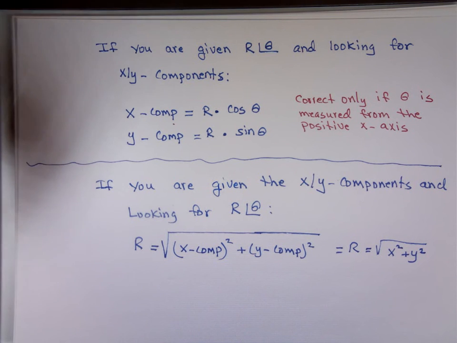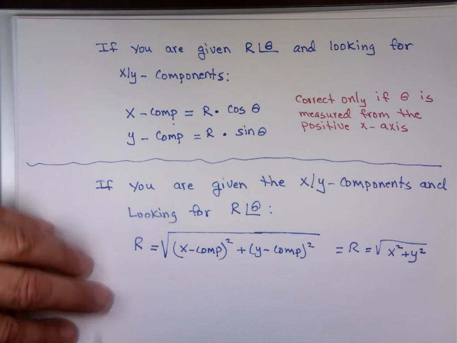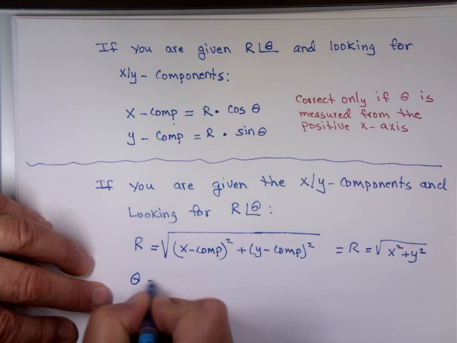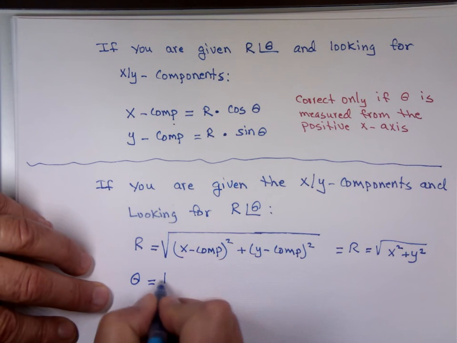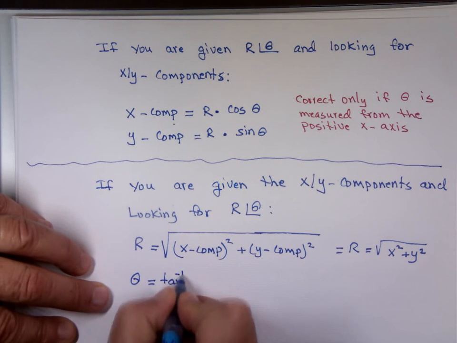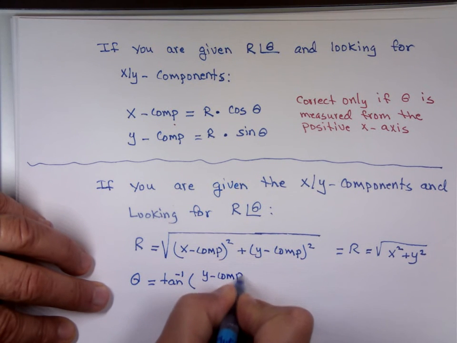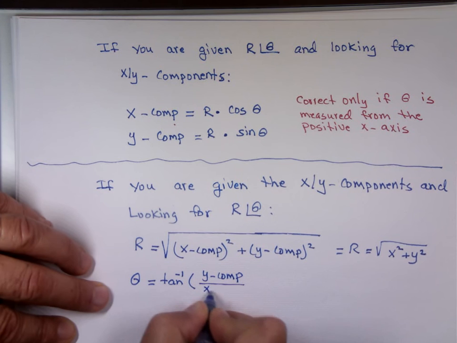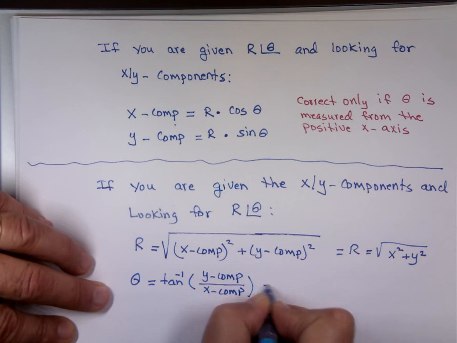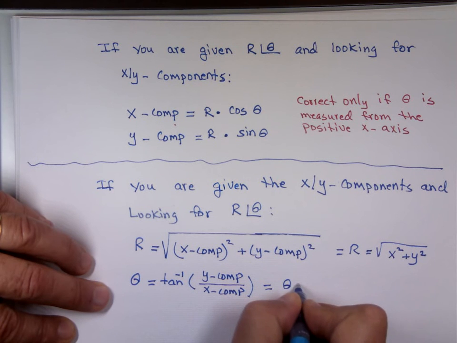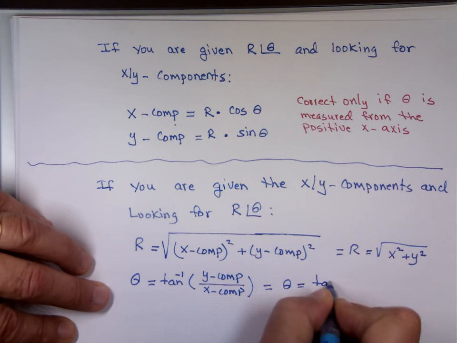And theta is gonna be what? The inverse tangent of y component over the x component. Again, I'm going to write that theta equals the inverse tangent of y over x.